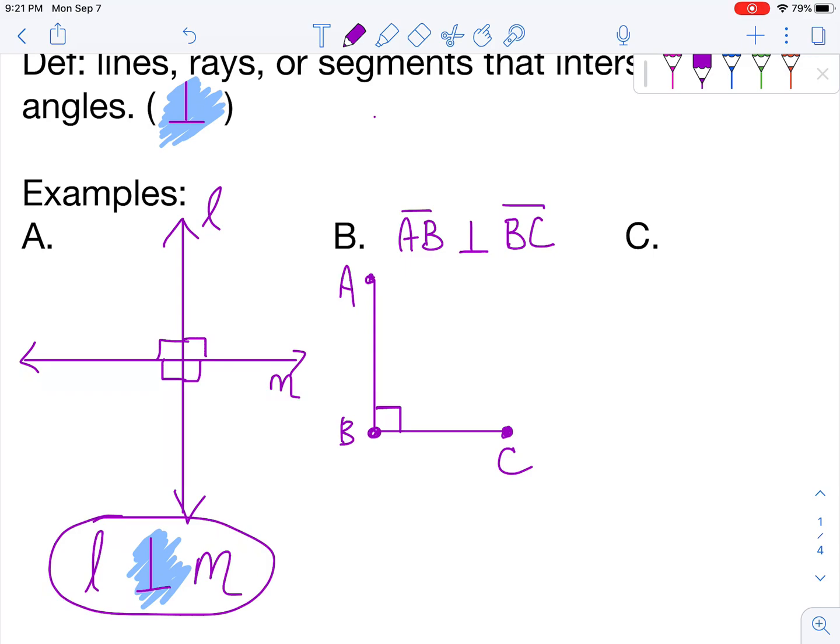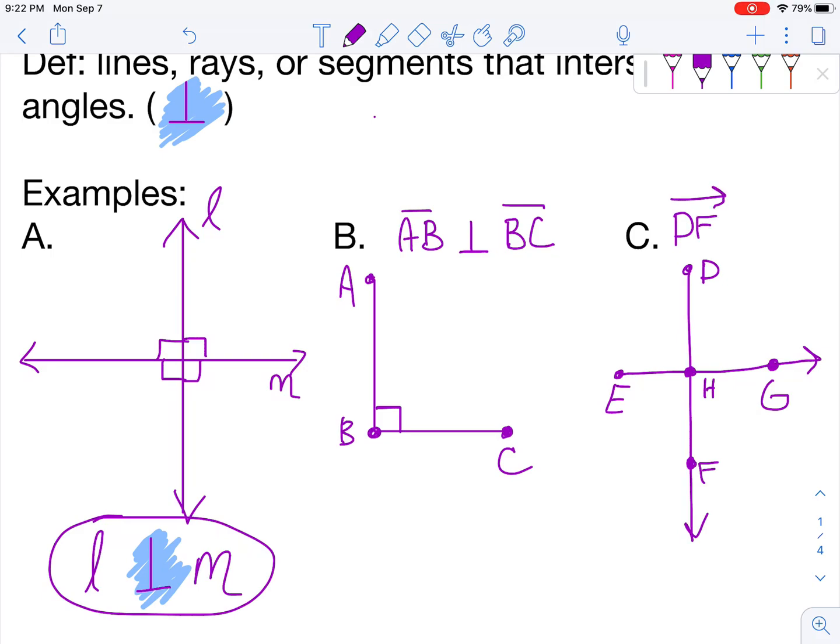And then again, you could have some rays. You could have a ray perpendicular to, I don't know, another ray. Let's do that, 2 rays. So let's say we have D, E, F, and G. And then we'll call this center point H. You might see that ray DF is perpendicular to ray EG.